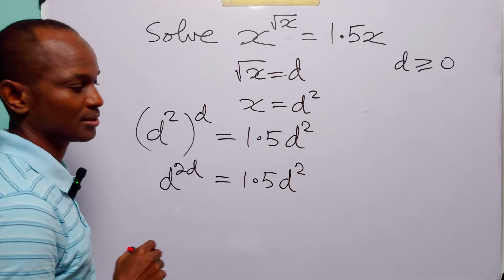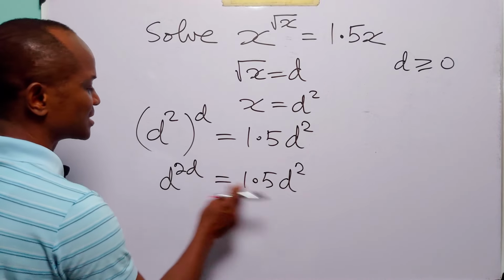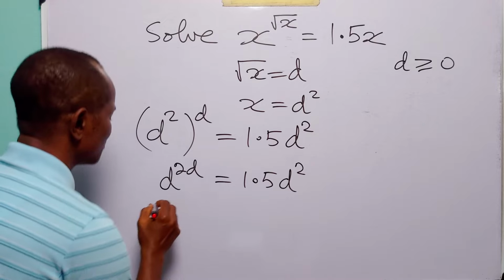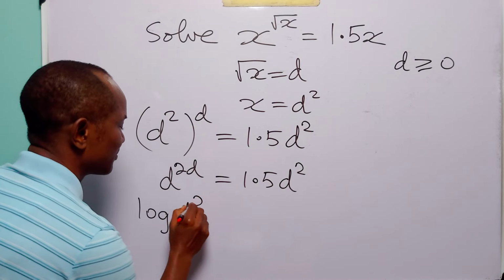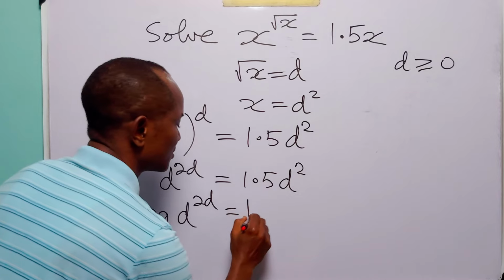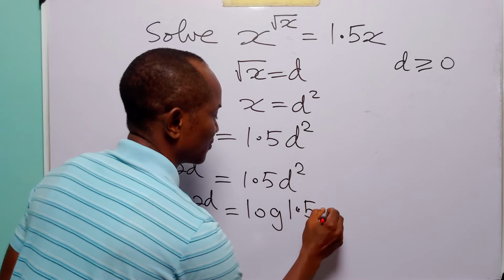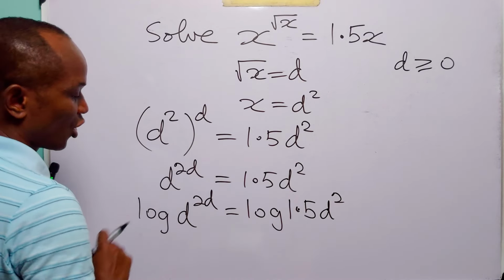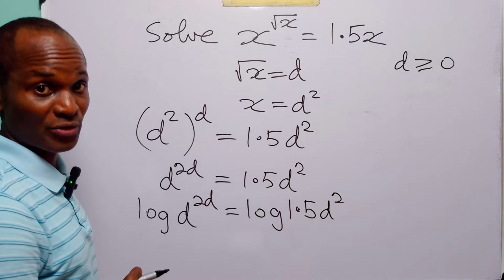1.5d squared. Now, the next thing we are going to do is take log of both sides of this equation, log to base 10. When we do that, we have log d to the power 2d is equal to log 1.5d squared. On the left-hand side of this equation, we are going to apply the power rule of logarithms.